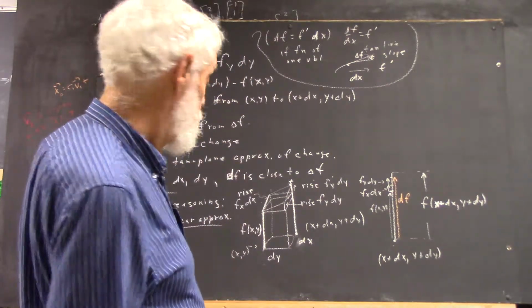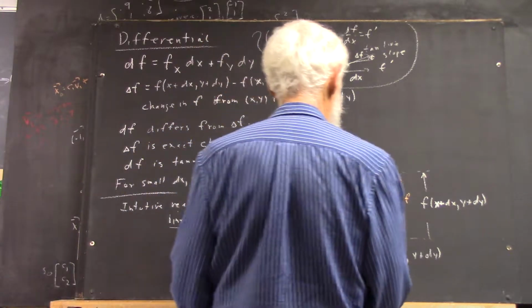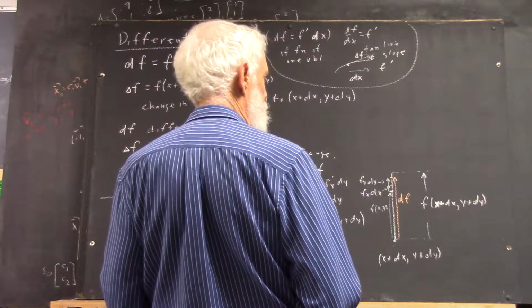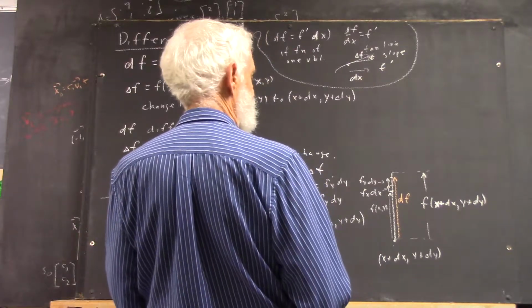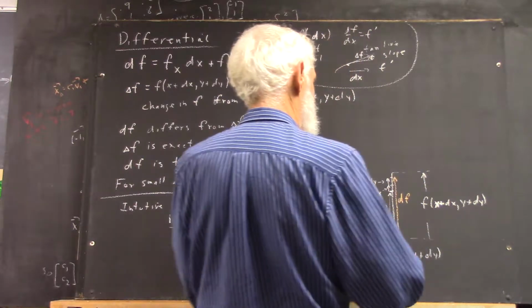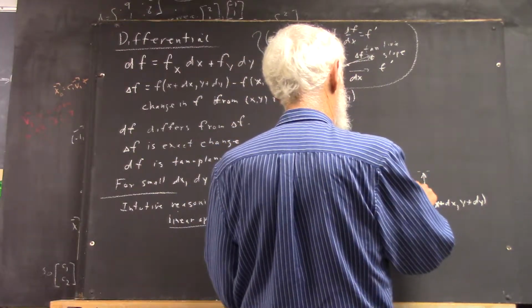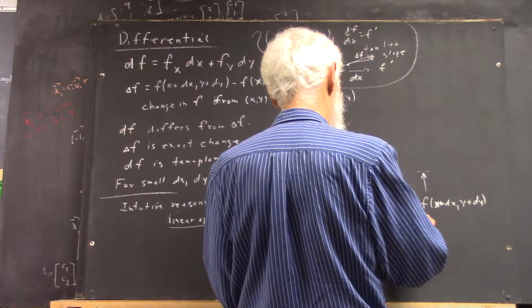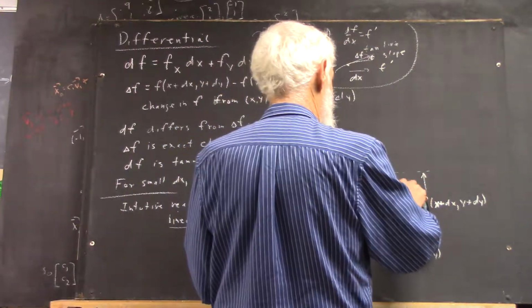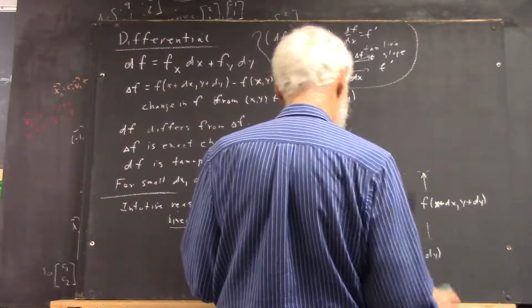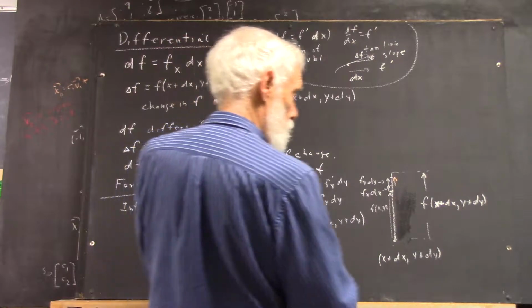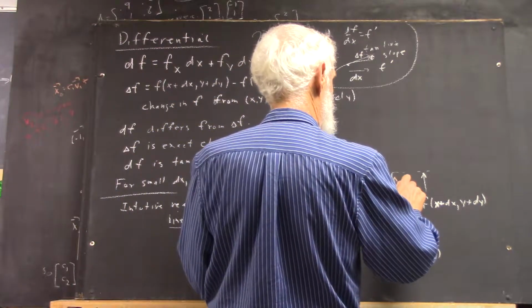Okay? And that's actually your f plus df. Okay? Let me fix it. I think I'd be getting good at fixing these things, as many mistakes as I make. Okay? Here's your df.